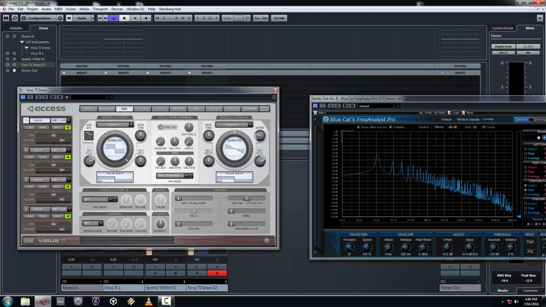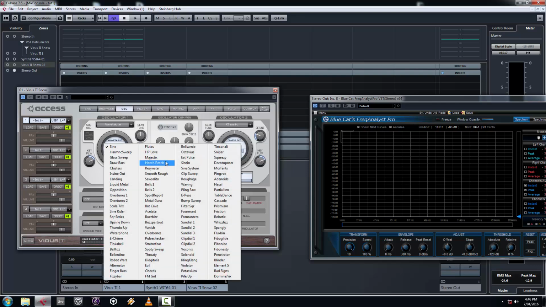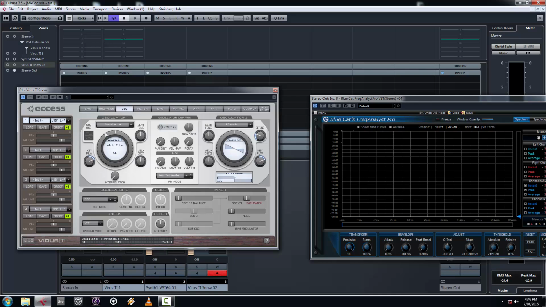Another cool thing with the Virus is the wavetable. Wavetable is a bit complex, but it's basically a single cycle waveform that you can scan. When I say scan, it means it's moving that waveform around, and we're getting different harmonics coming out.